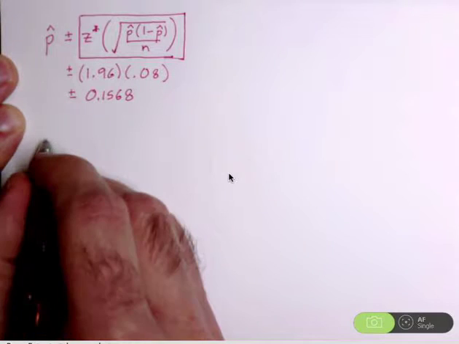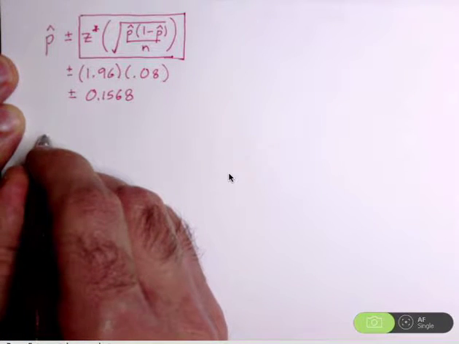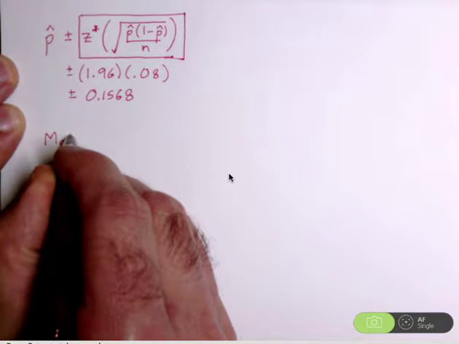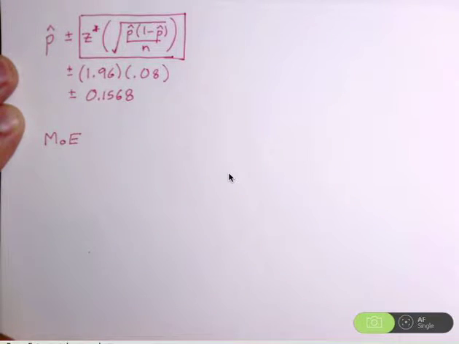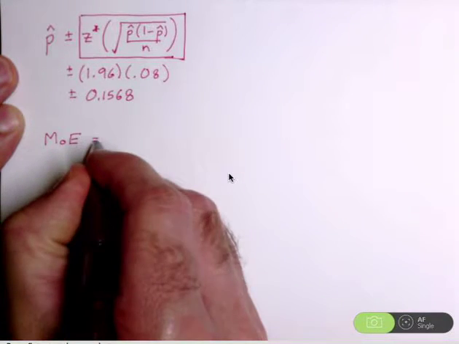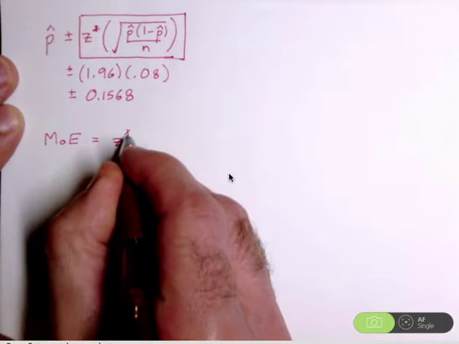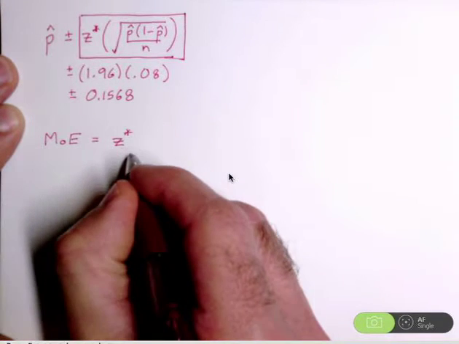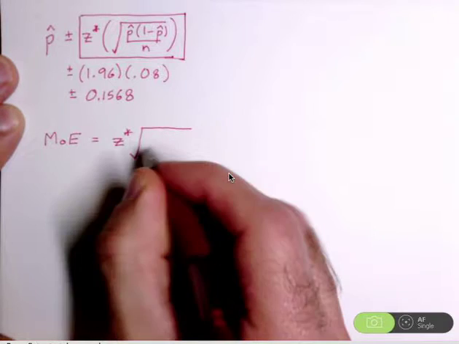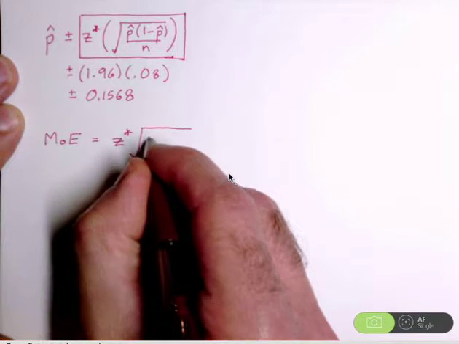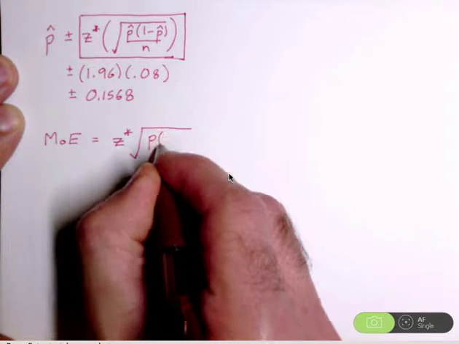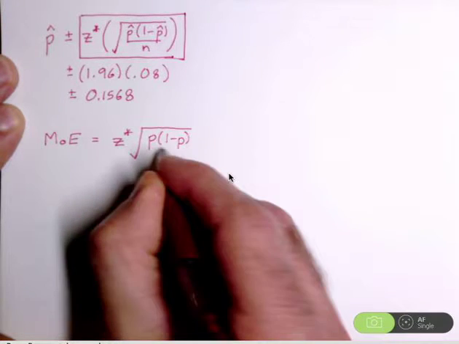So let's take that, and I'm going to abbreviate margin of error as MOE. The margin of error is our specific critical value times the standard deviation. In this case, I'm going to include p and 1 minus p over n.